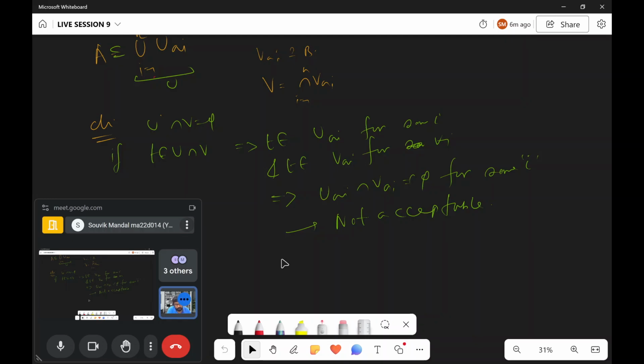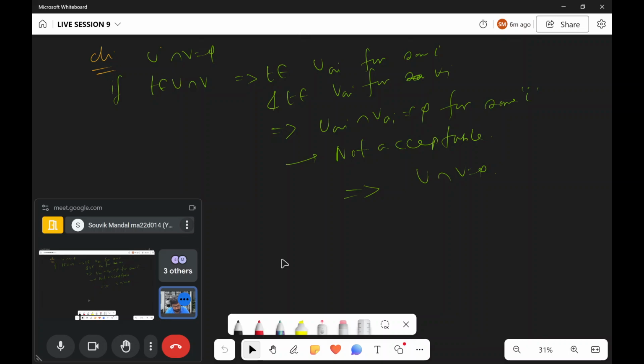By the way, thank you for your response. That is what I was thinking in my mind, whether this argument is understandable for students or not. Anyway, this tells that U intersection V has to be empty. And by construction, U contains A and V contains B. So this is the full argument.